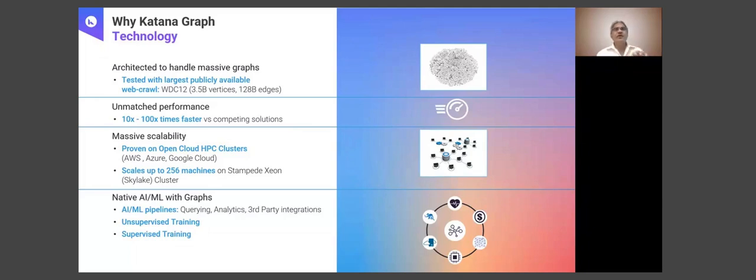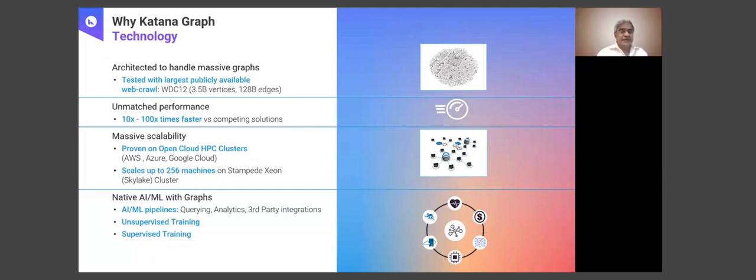And so we can do in-memory analytics, AI, and machine learning very fast. For some of the routines that we have implemented for our customers, we're 10 to 100 times faster than competing solutions. Massive scalability: we've shown that our graph engine scales up to 256 machines on the big Stampede supercomputing cluster that we have in Texas. We also run on all the three open clouds, so AWS, Azure, Google Cloud. We are cloud first, as they say.